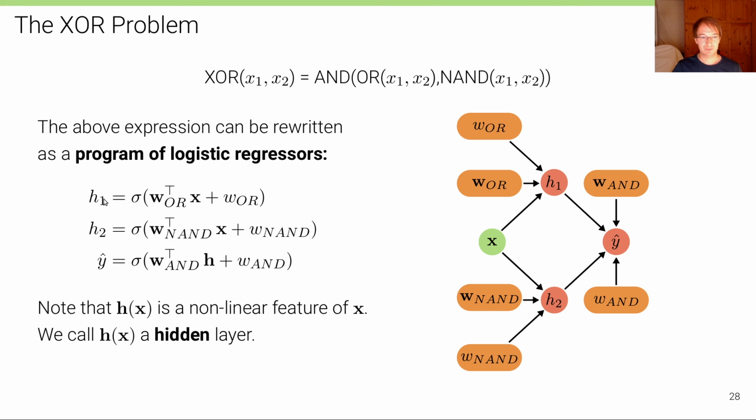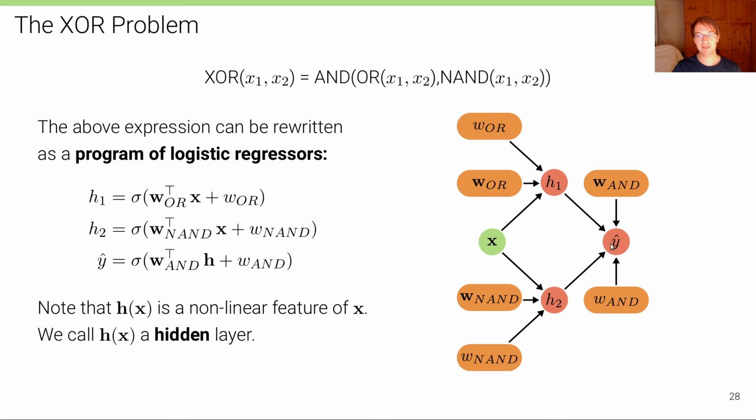And I've denoted these two here as H1 and H2 because these are hidden layers. It's actually our first multi-layer perceptron that we're looking at here. These are hidden layers in our computation graph because we have an input X that feeds to some computation nodes, some hidden nodes for which we don't have the observations. We only have the observations for the output Y or output Y hat.